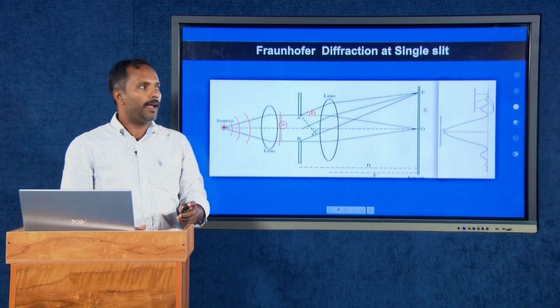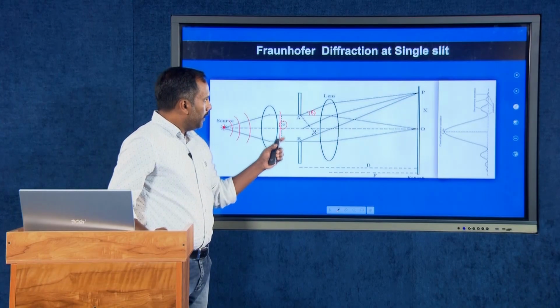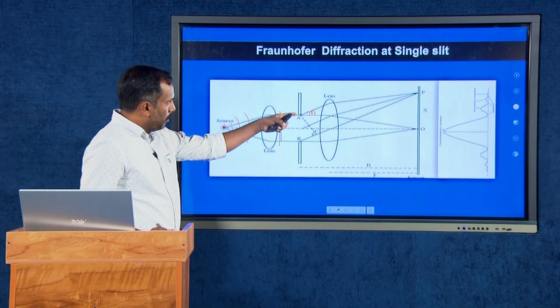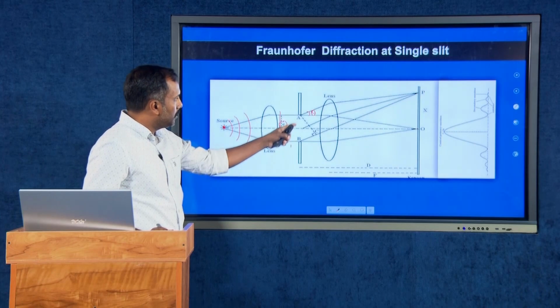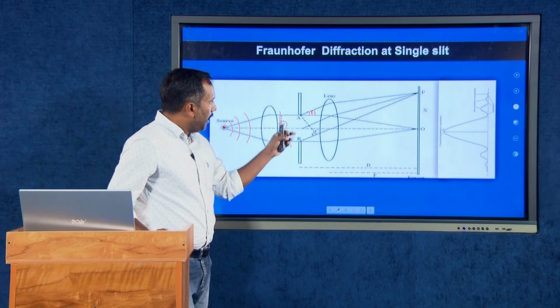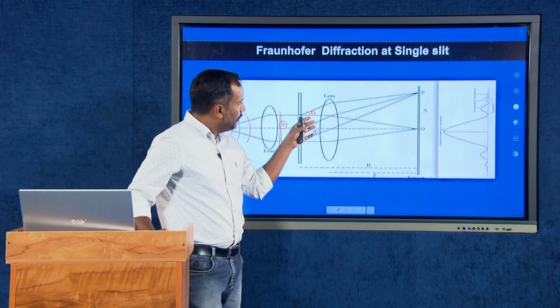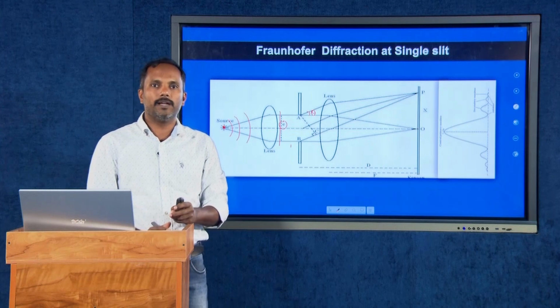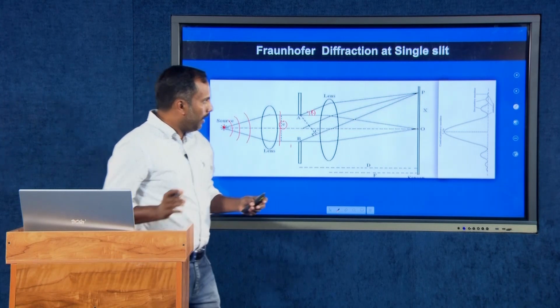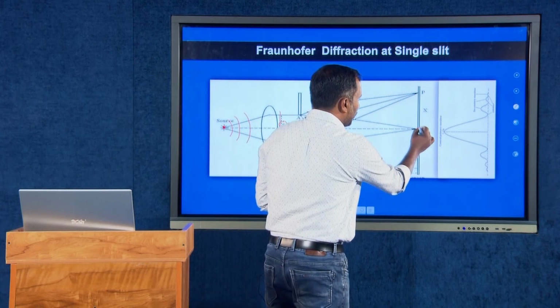In this case, the plane wavefront incident on the slit AB, without any deviation, will be focused at the point O. Therefore we get a central maxima, and at the central maxima we get the maximum intensity.